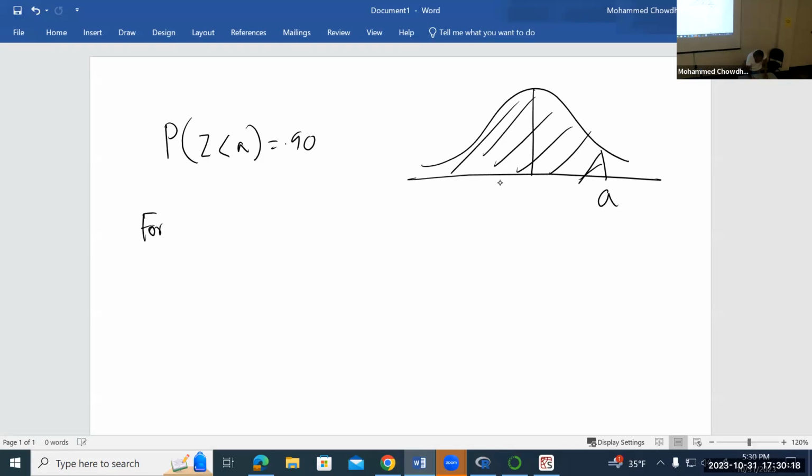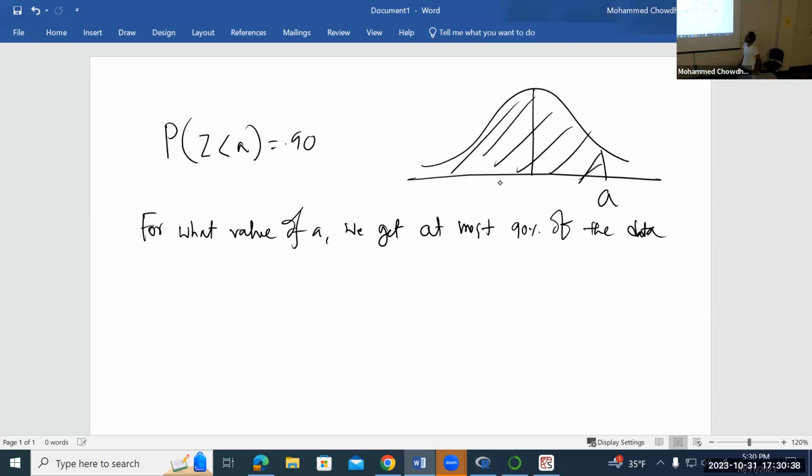Z less than or equal to A equals 0.90. To write the sentence: for what value of A do we get at most 90% of the data? That is the problem.